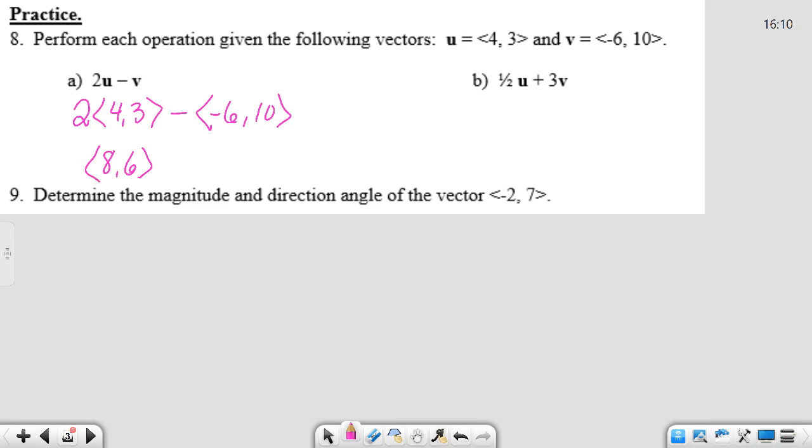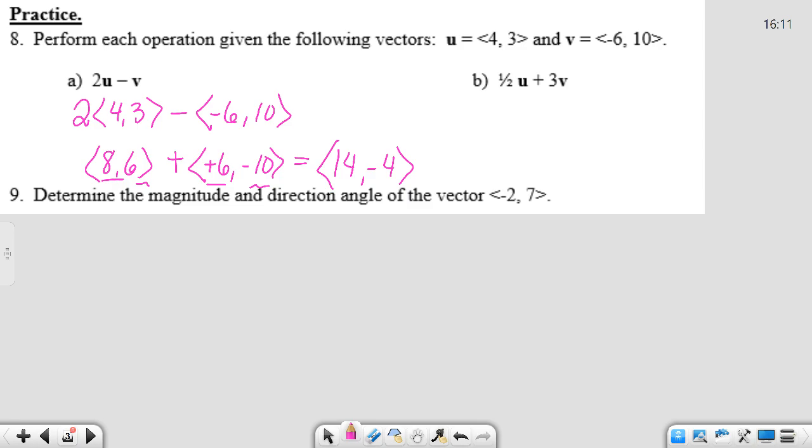And then we're going to add the opposite. So plus a negative of negative 6 would be positive 6 and a negative 10 to give us our resultant. Add your horizontal components and then add your vertical components. So the sum 2u minus v gives us 14, negative 4.